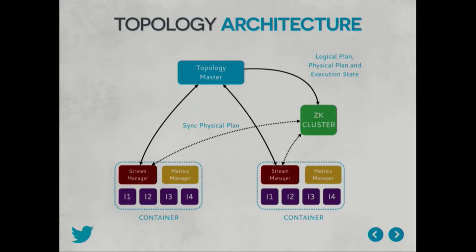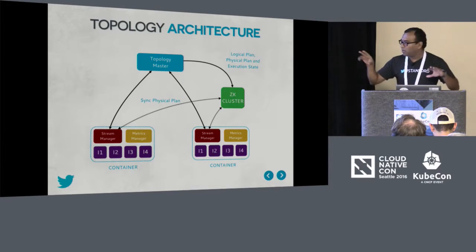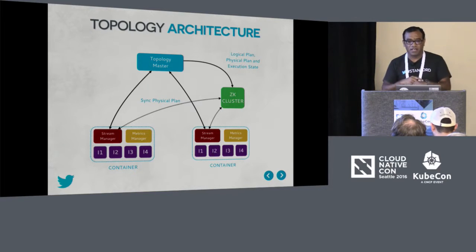I mean, the logical plan is the DAG, which is already available on the Zookeeper. Then once every container reports in, they constitute something called a physical plan. And that physical plan consists of all the host and port information where the stream managers are listening. Because you have to have a way by which the stream managers among different data containers discover each other so that the data exchange can happen.